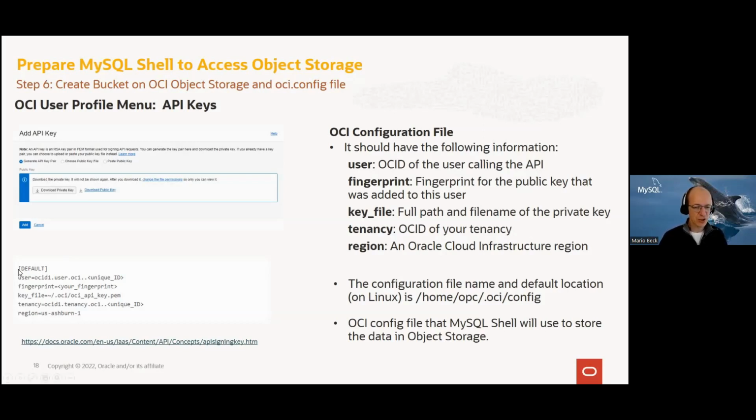That file is in your home directory, .oci/config, and it contains your user OCID that you have to copy from your user definition, the fingerprint of the public key that you've uploaded, the key file path to the private key that is on your local machine, and the tenancy ID. And ideally, the region, then you no longer have to define the region. So with these variables set in the file /home/opc/.oci/config, MySQL shell is able to access resources in Oracle Cloud.